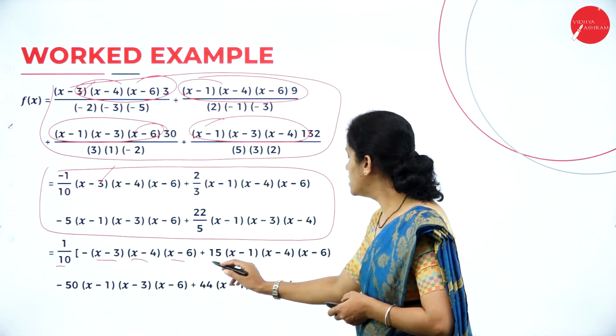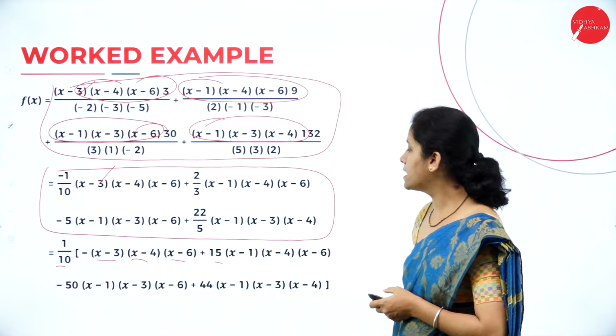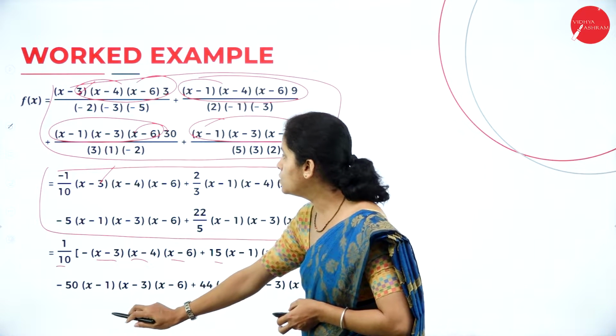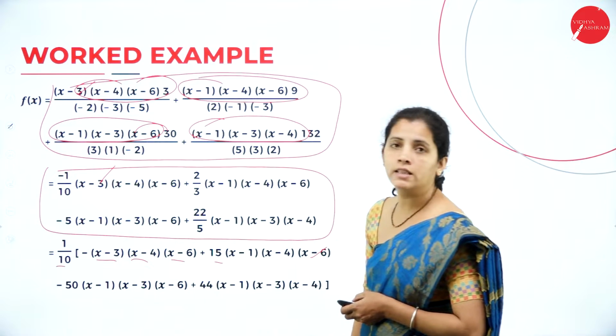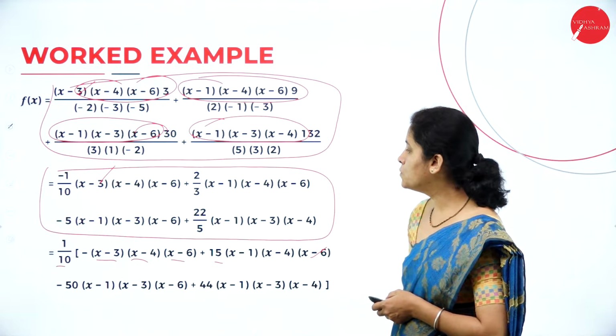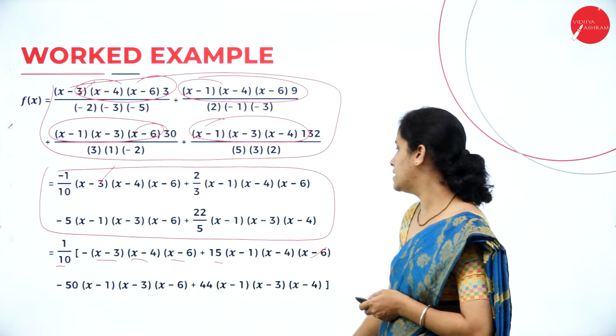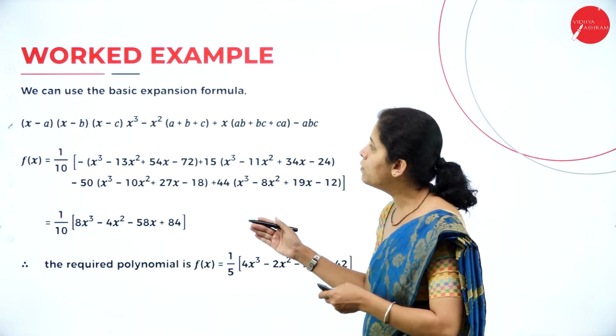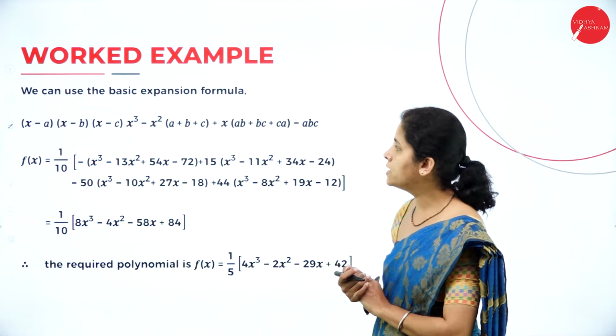Now see here, it is 15, x minus 1, x minus 4 and x minus 6. Once again, here also I have minus 50, x minus 1, x minus 3 and x minus 6. Okay, now I want to simplify this one.